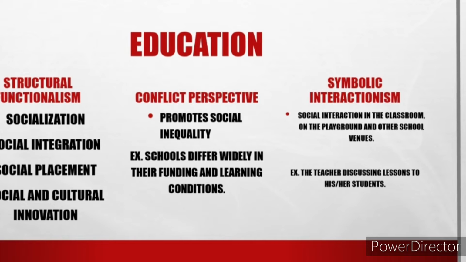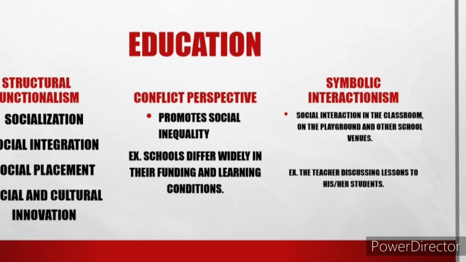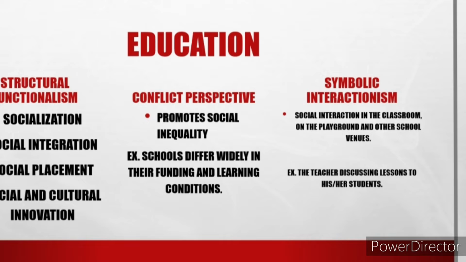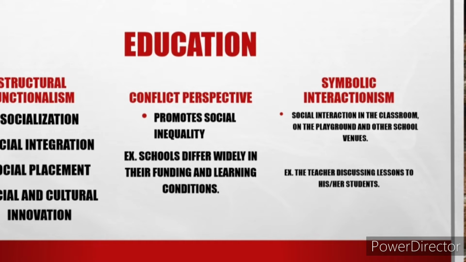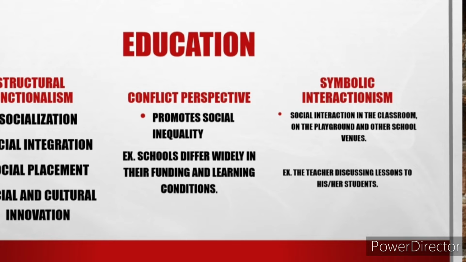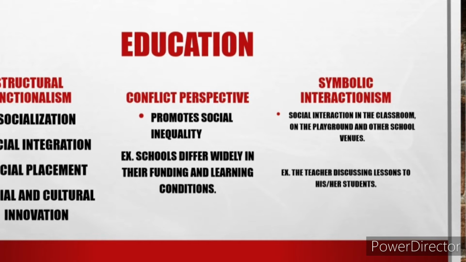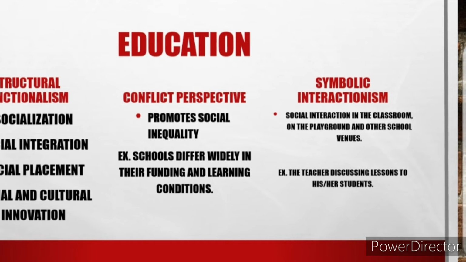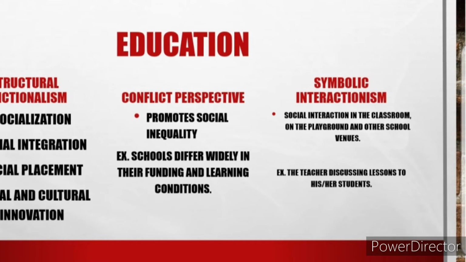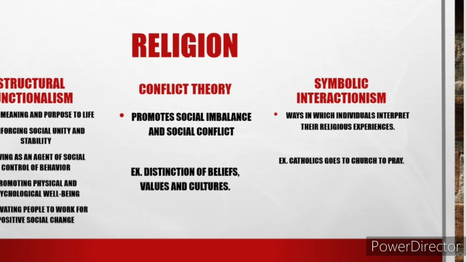In the symbolic interactionism in education, there is social interaction in the classroom, on the playground, and other school venues. For example, the teacher discussing lessons to his or her students. So, here interaction happens and they build relationships with others.